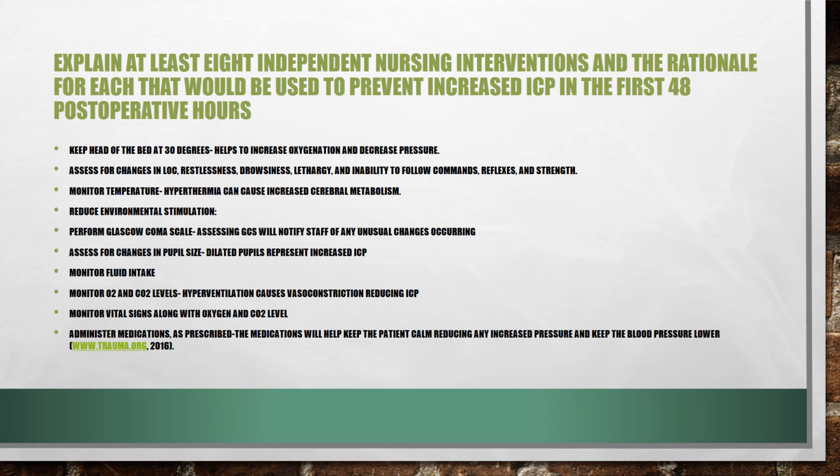Dilation can represent increased intracranial pressure. Do a monitoring of fluid intake. Also, we're going to monitor the O2 and the CO2 levels to make sure that hyperventilation isn't occurring, because that can also increase the risk for intracranial pressure.